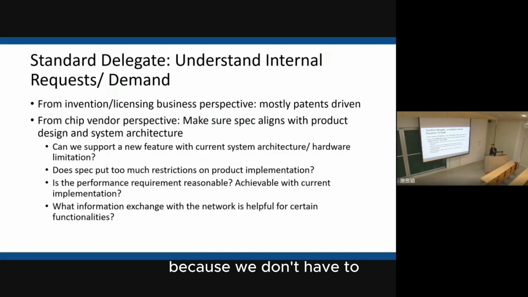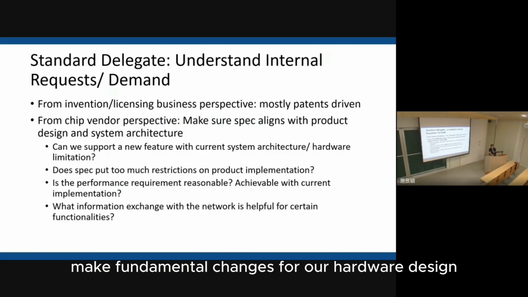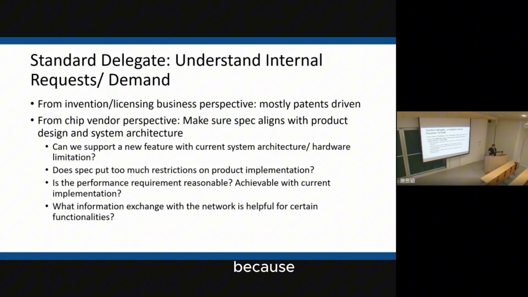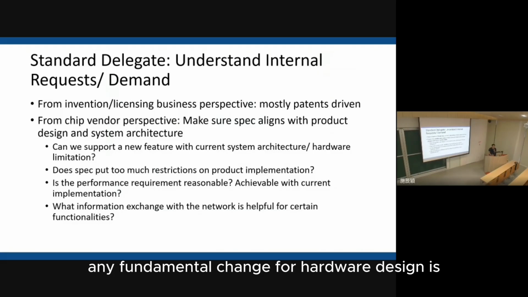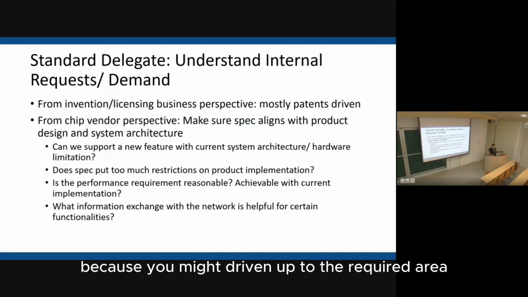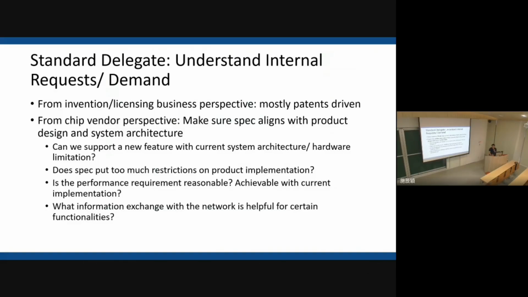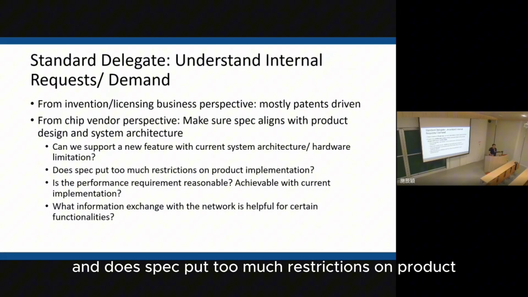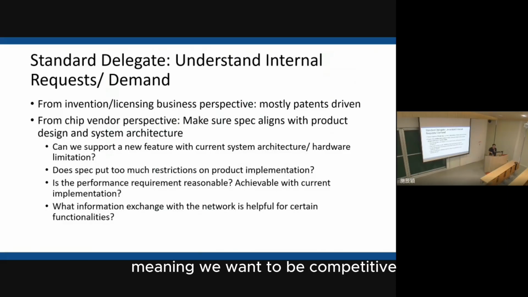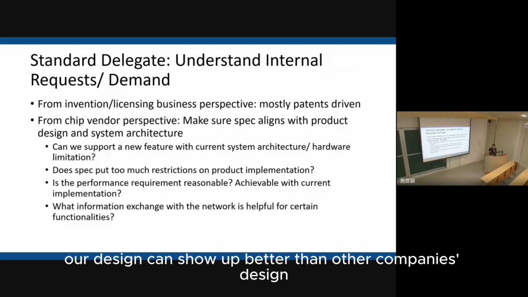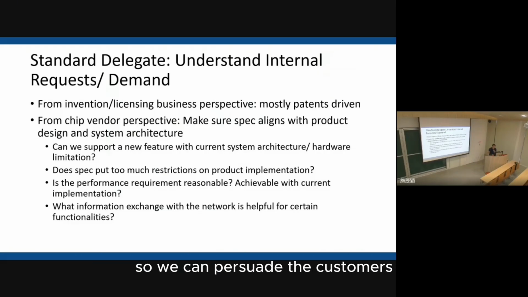That's the best case, because we don't have to make fundamental changes to our hardware design, because any fundamental change to hardware design is usually complicated and costly, because you might drive up the required area or cost of implementing those circuits. And thus it puts too many restrictions on product limitation, meaning we want to be competitive so that our design can show up better than other companies' designs, so we can persuade the customers, meaning OEMs, to choose our chip.